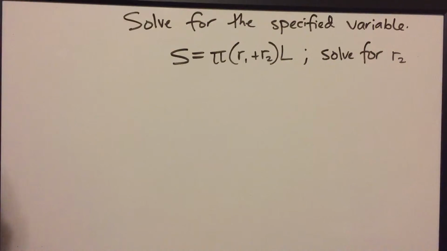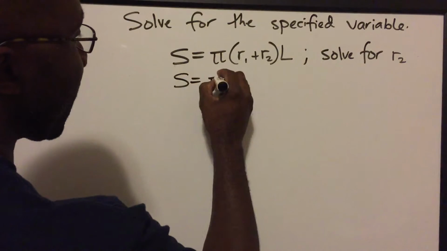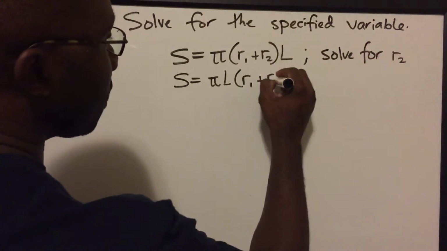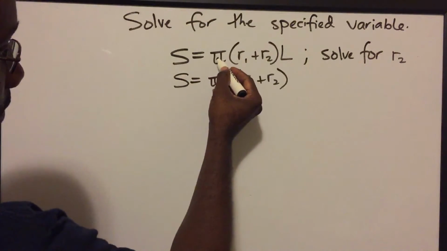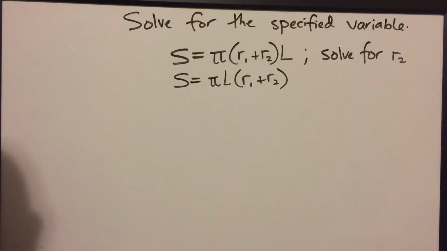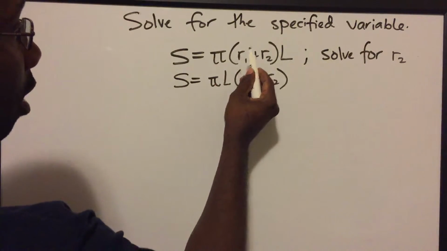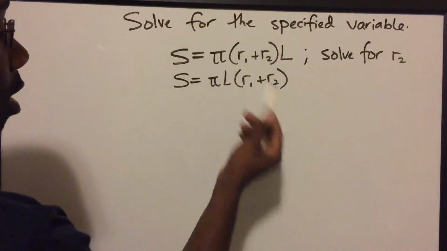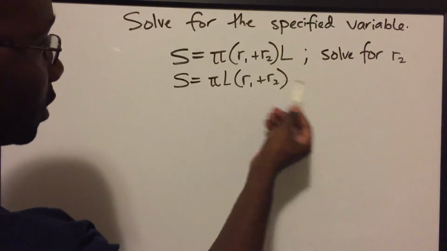So what I recommend is rewriting this equation to say S is equal to pi L times (R1 plus R2). All I did was bring the L over here, and that's perfectly fine, because pi times (R1 plus R2) times L is the same as pi times L times (R1 plus R2).